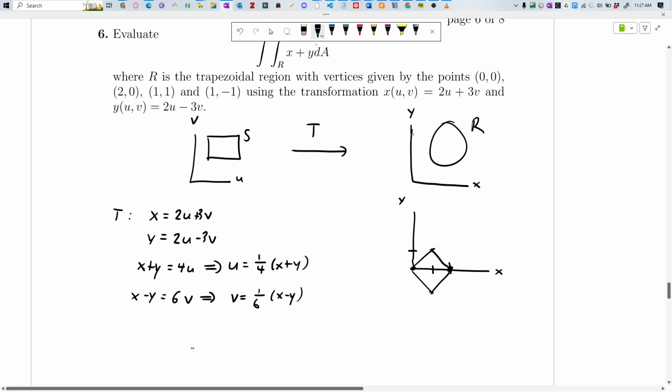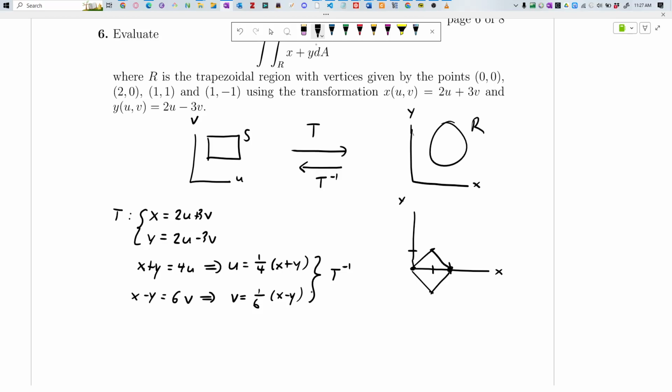Don't know if I like that. But these relationships are what I would call T inverse. So we have T inverse mapping the other way around, and you can see that T inverse takes points that are in x comma y and returns points that are in u comma v. So we have the inverse relationship there.